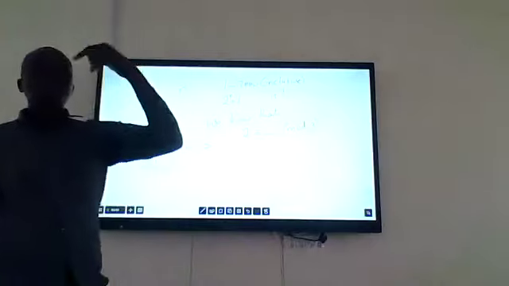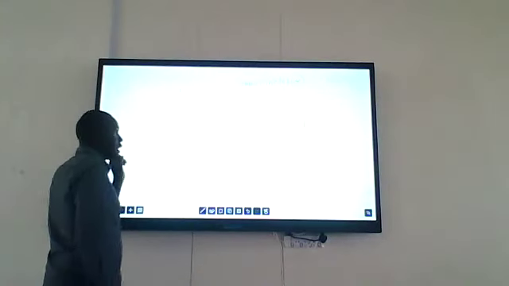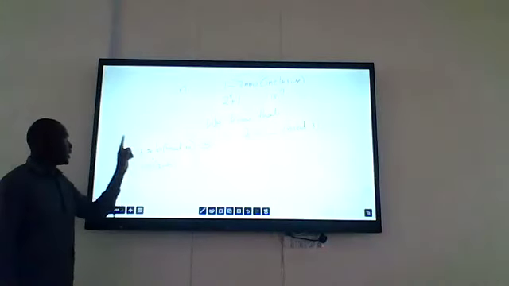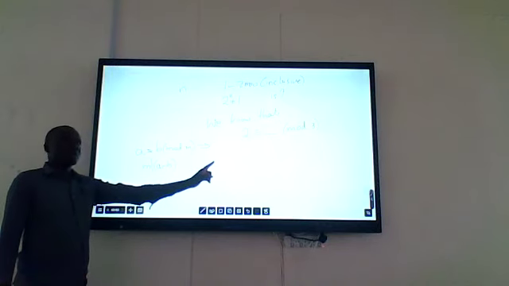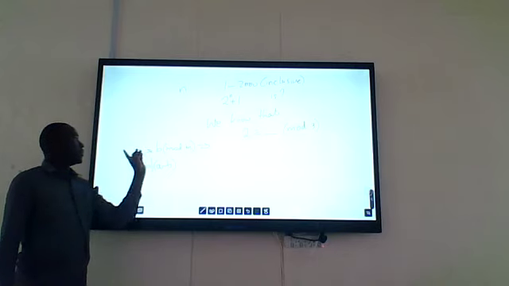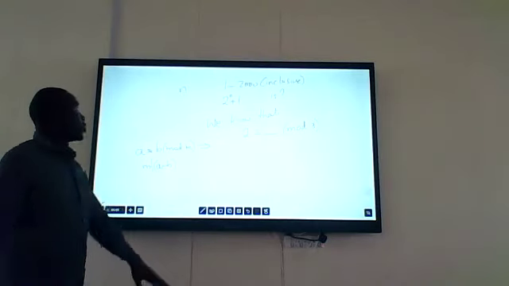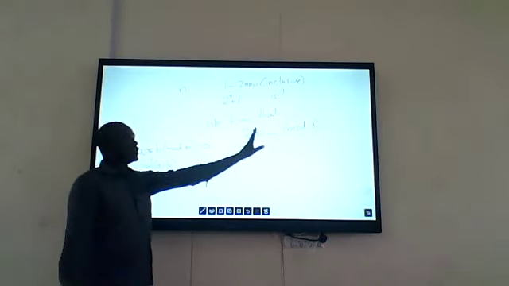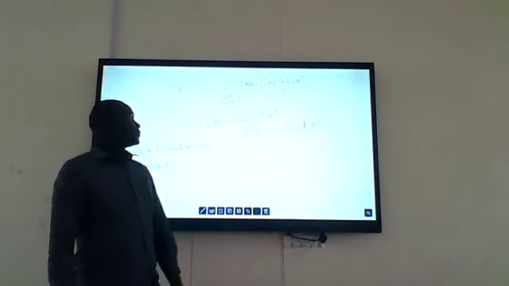So actually, there are many numbers that can fill that position. But if I'm strictly on remainders, then I'm forced to use 0 up to M minus 1. But if I'm not dealing with the problem of remainders, the definition of congruence modulo simply means M must divide A minus B. So I can fix it with any other number.